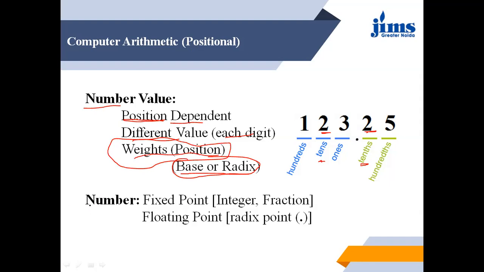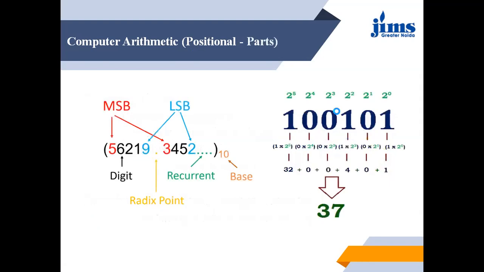So we will discuss fixed number systems and floating number systems over here. We will see one more example of a positional number system. Let's discuss this and try to understand the different parts of a positional number system.